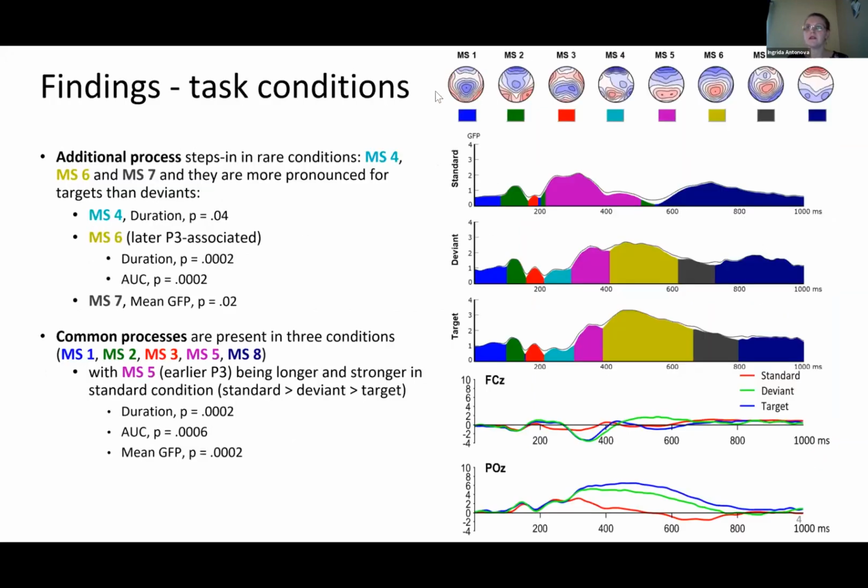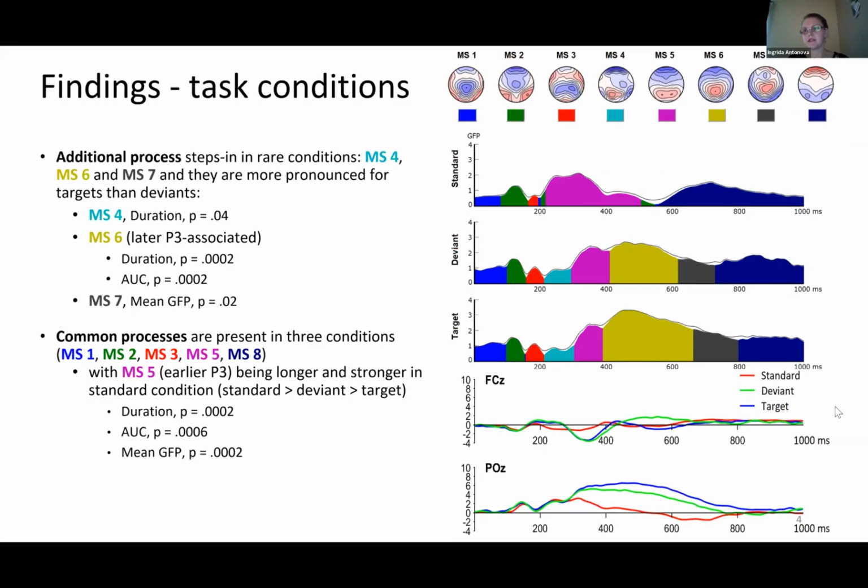Here on the right at the top, you can see 8 maps of microstates which represented our data best. Each of them has an assigned color, which shows where that microstate was present under the global field power curve. So the top line is for the standard condition, the middle one is for deviant, and the bottom one is for target.